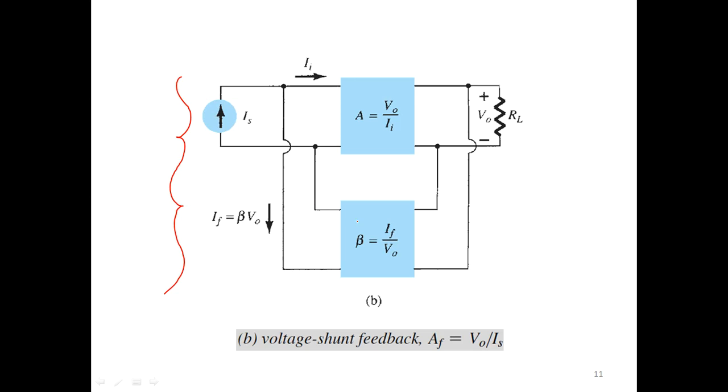Voltage shunt feedback, right? So this is the diagram for which we are trying to obtain the expression for gain with feedback, AF. Again, just to remind you, the gain A without feedback is the ratio of output voltage upon input current. Just focus on the dimension, right?